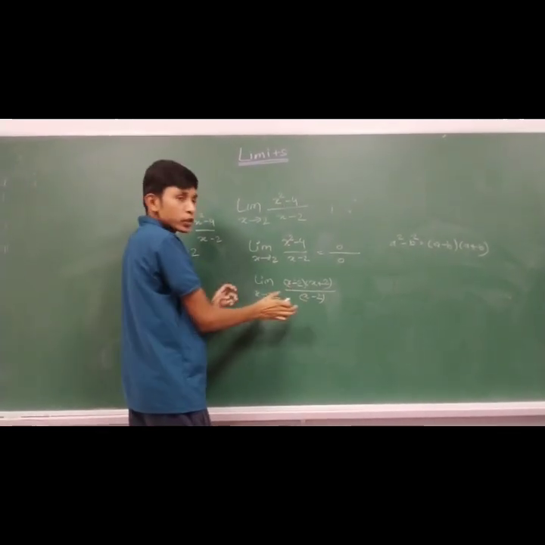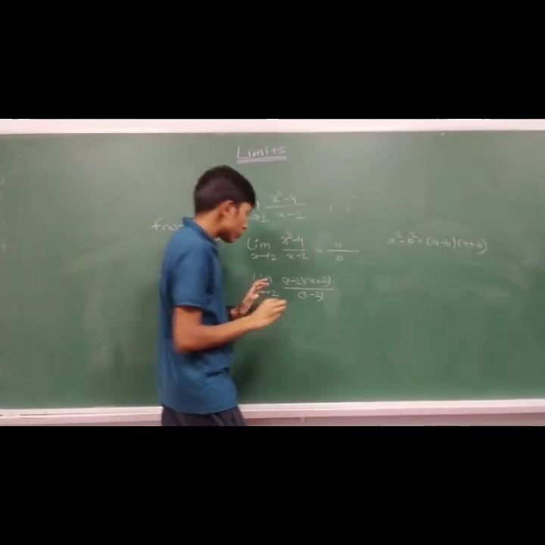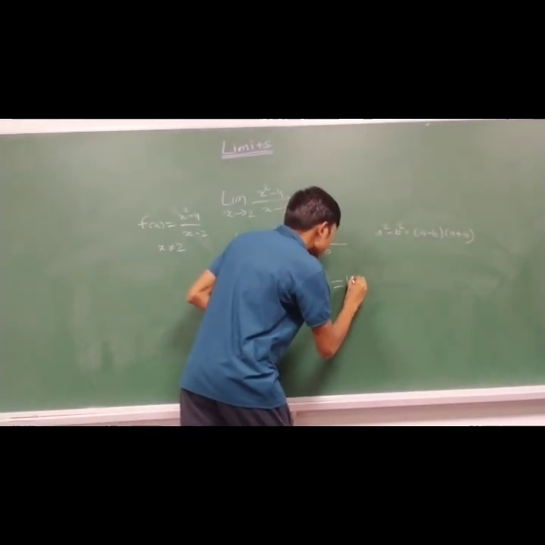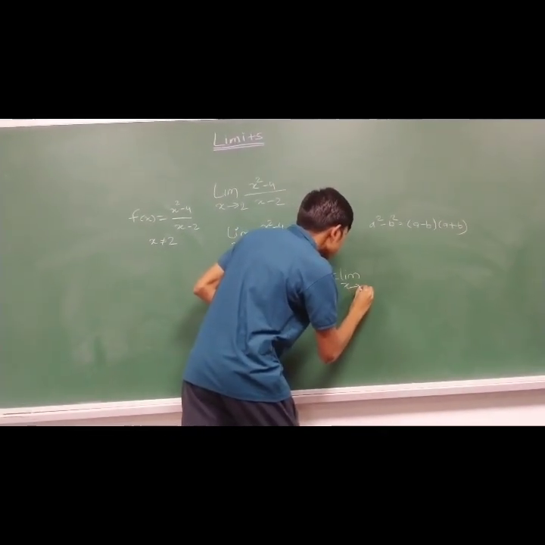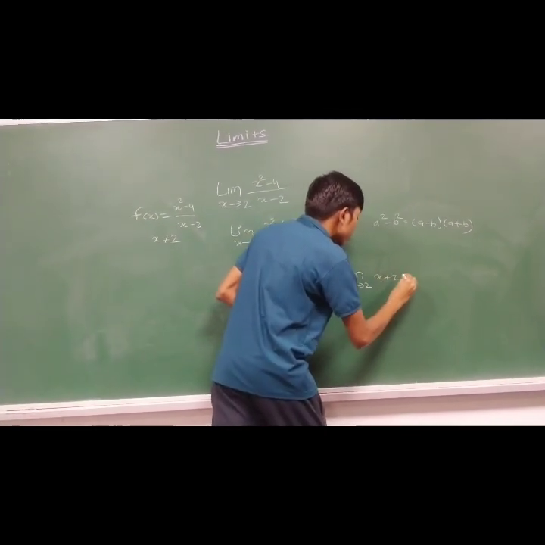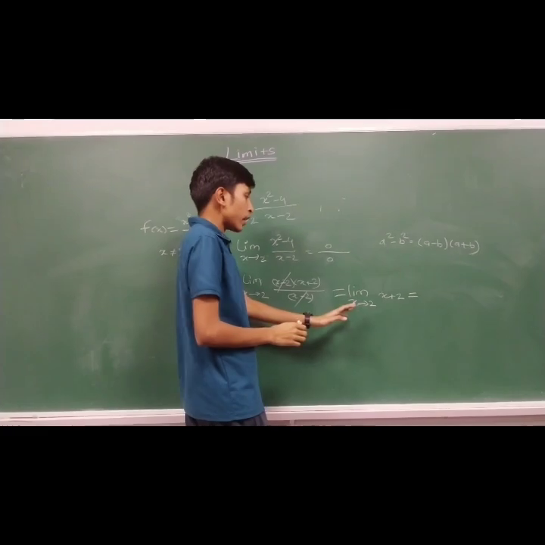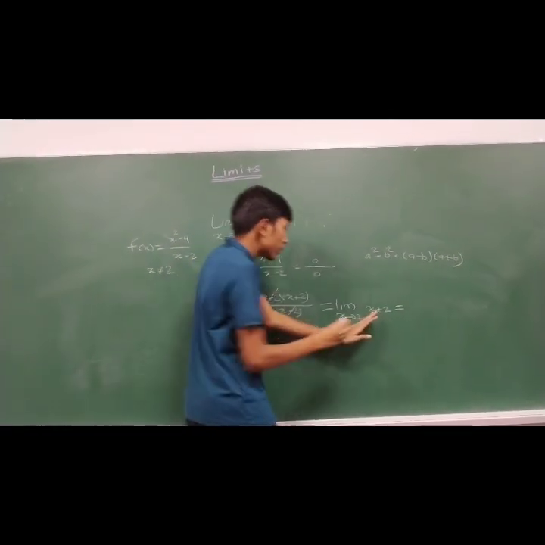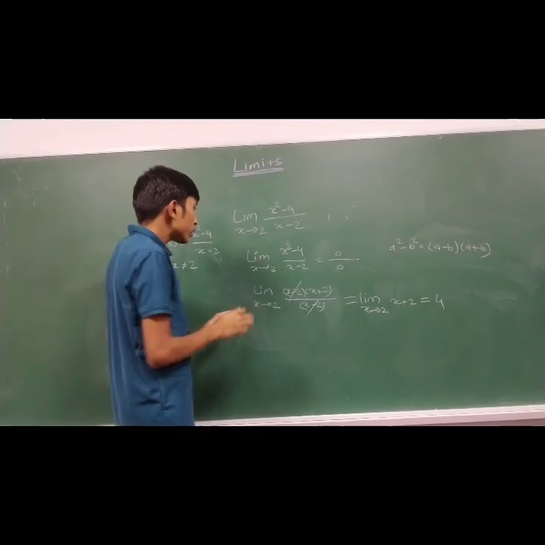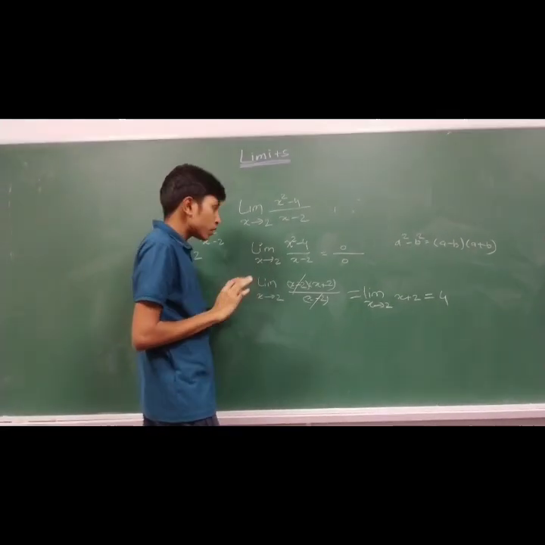Here x minus 2 we can cancel out. So I am cancelling it out and rewriting this as limit x tending to 2 of x plus 2, and putting in the value of x, we will get 4. So the limit of this function is 4.